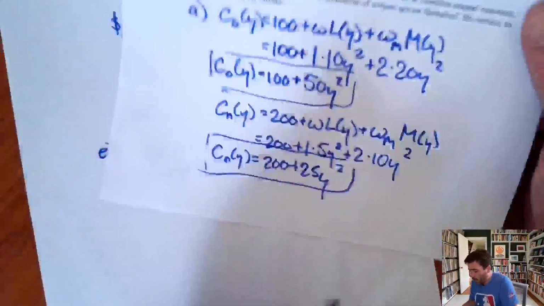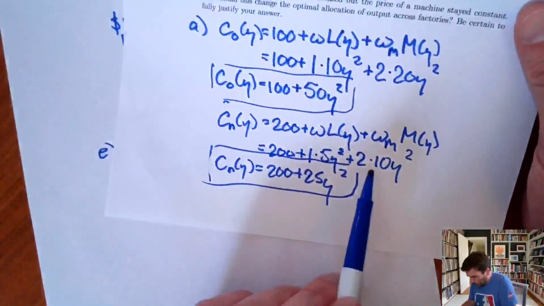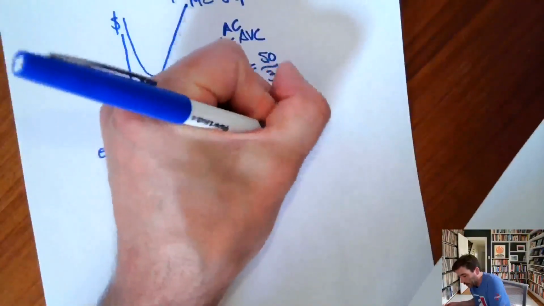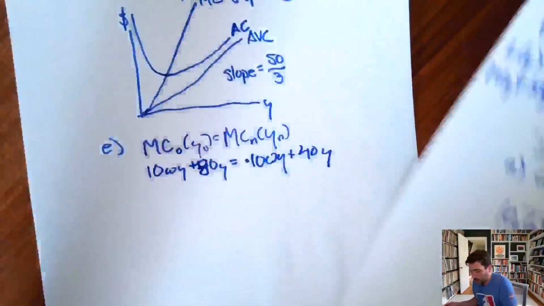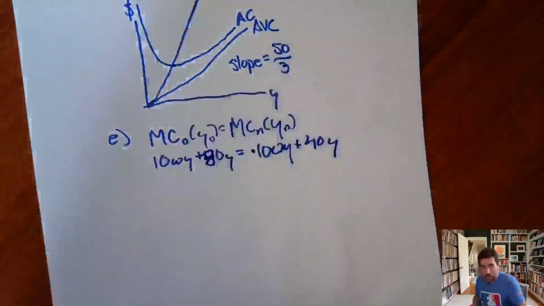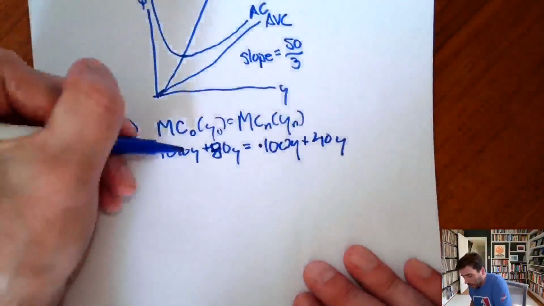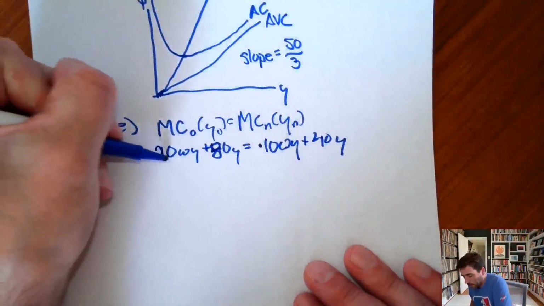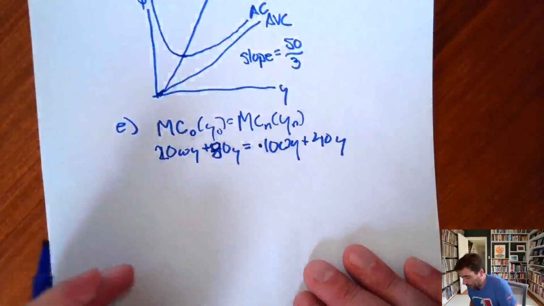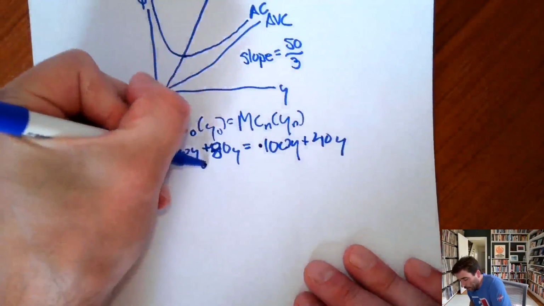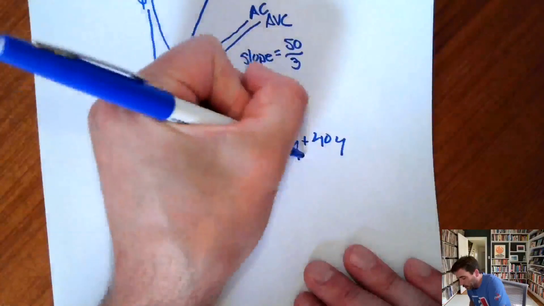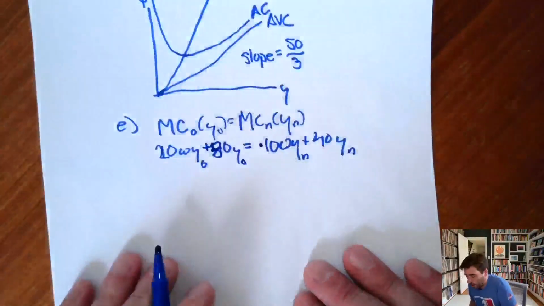And then I'm going to have my 20 over here. That's going to become 40y when I take the derivative. All right. And I made a slight mistake earlier that I just realized, right? I didn't bring down the power when I took the derivative here, so that should have been 20y. Okay. All right, so this is y0. These are yn's. We need to be careful that we keep track of that.